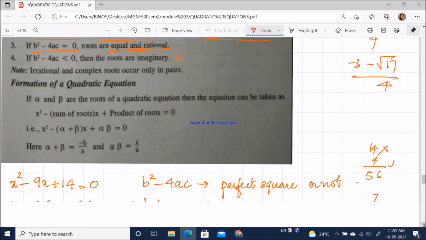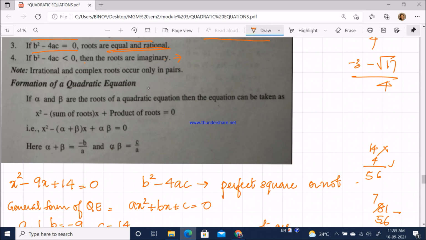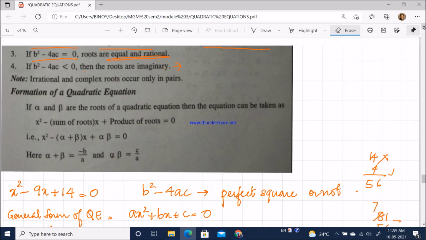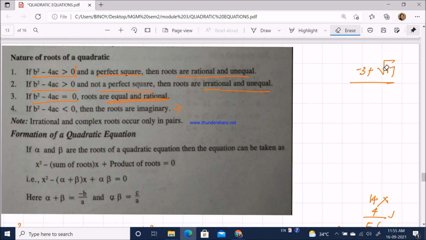Then the last thing is the formation of a quadratic equation based on the sum of roots and product of roots. We already know that the sum of roots can be found by minus b by a, and the product of roots is found by c by a.